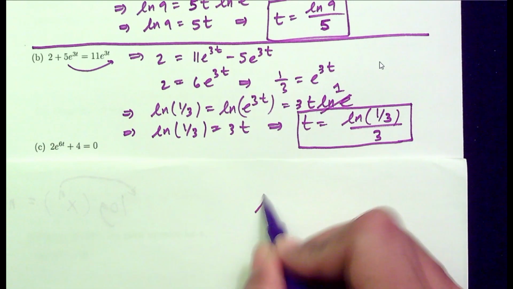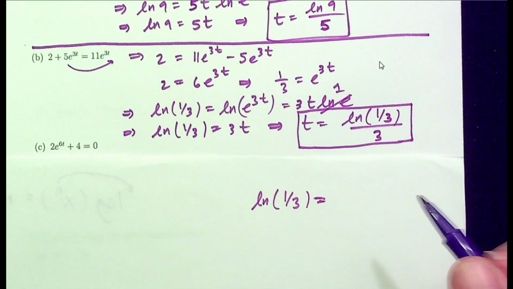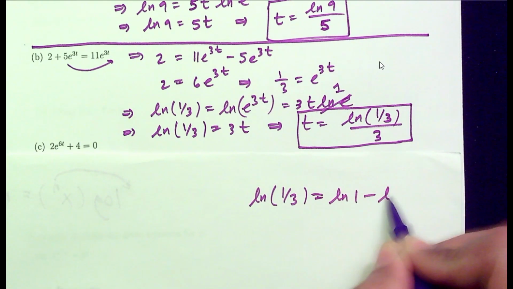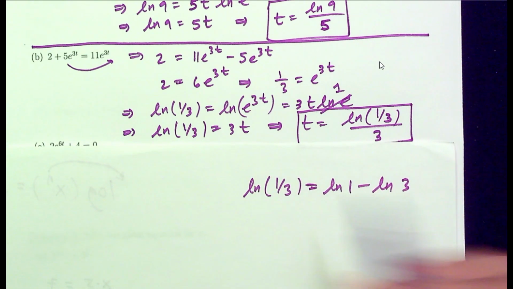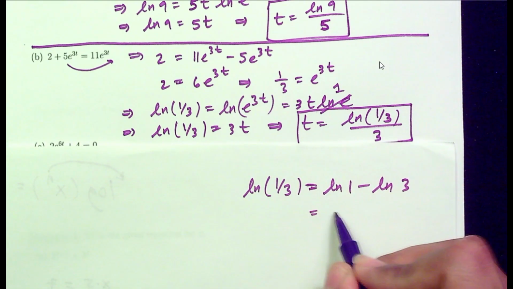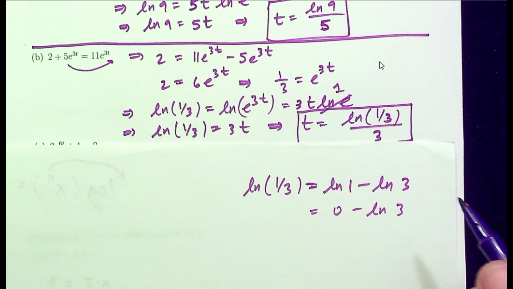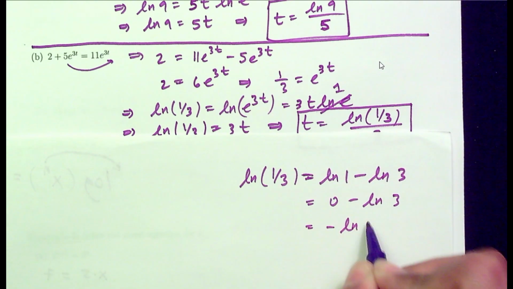You could say ln of 1/3 equals, well, that's a quotient, so that will be the ln of the numerator minus the ln of the denominator. Now ln of 1 equals 0. That's another thing you should know. You should know that ln of e is 1 and the ln of 1 is 0. So this is negative ln of 3.